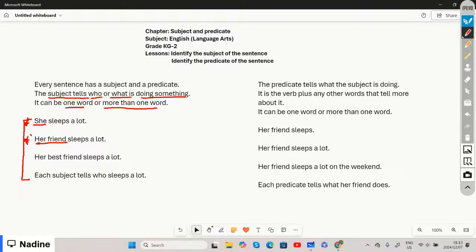So her friend sleeps a lot. Remember, we said it can be one word or more than one word.